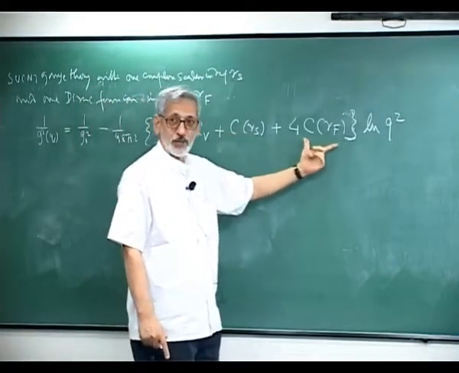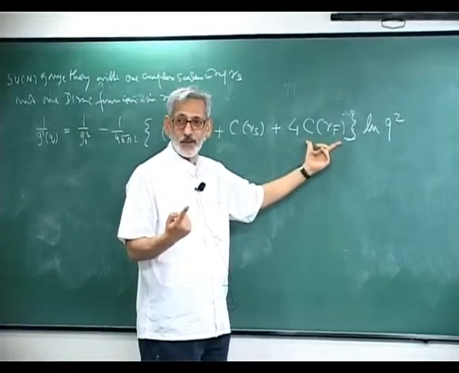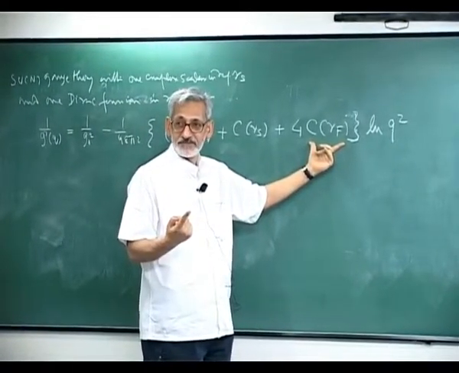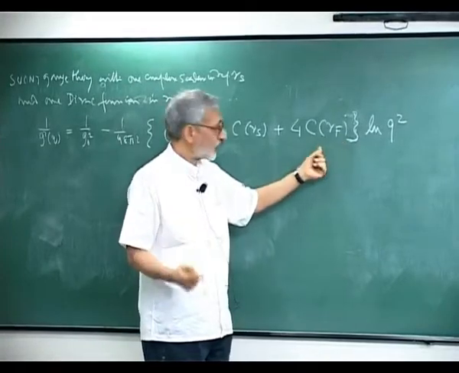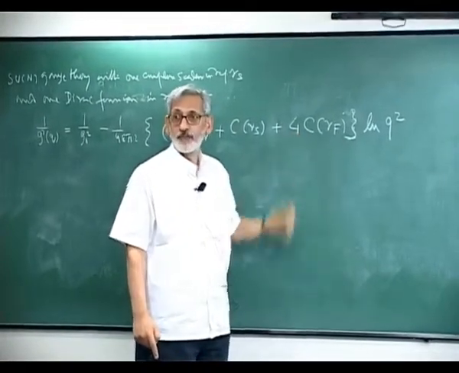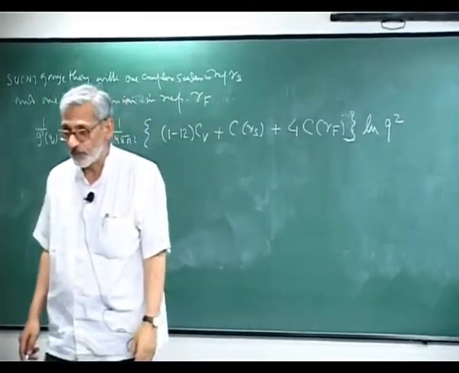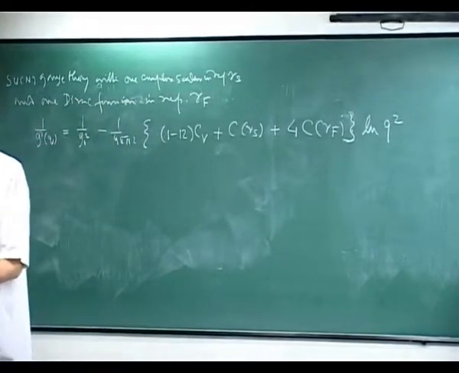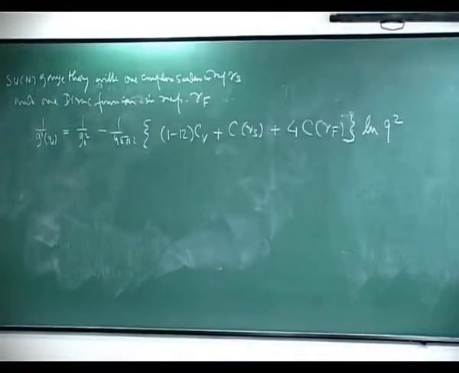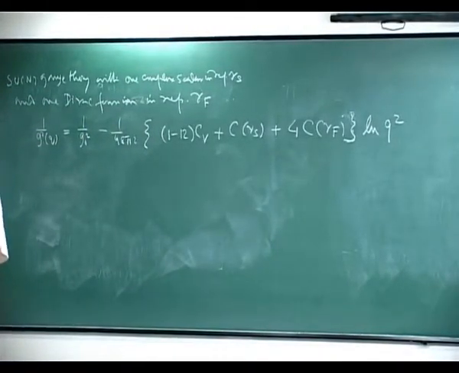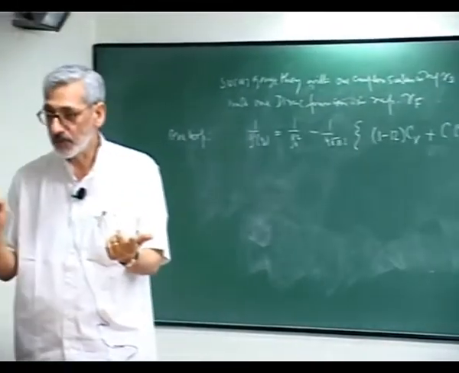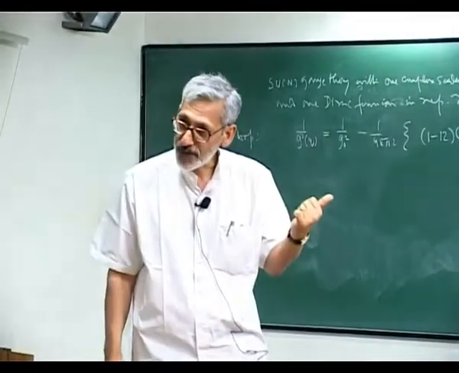A Dirac fermion is made up of 4 complex objects. So therefore you have the same answer with 4 units here. There are 4 degrees of freedom in a Dirac fermion: electron spin up, spin down, positron spin up, spin down. So this number 4 is that.